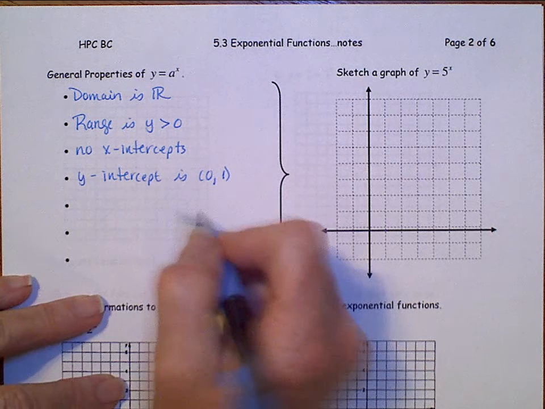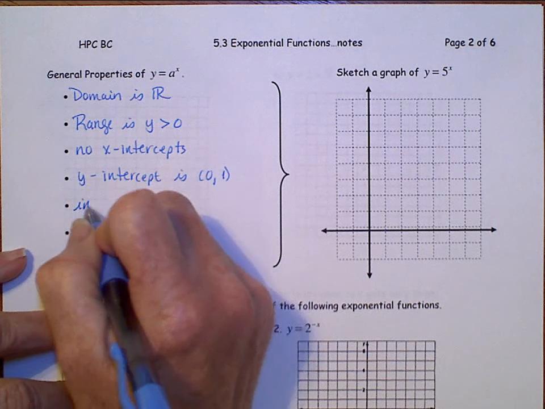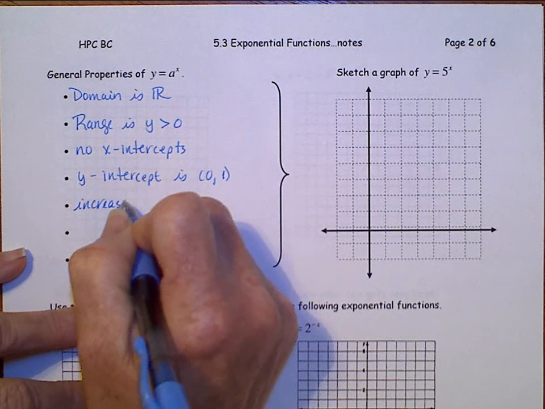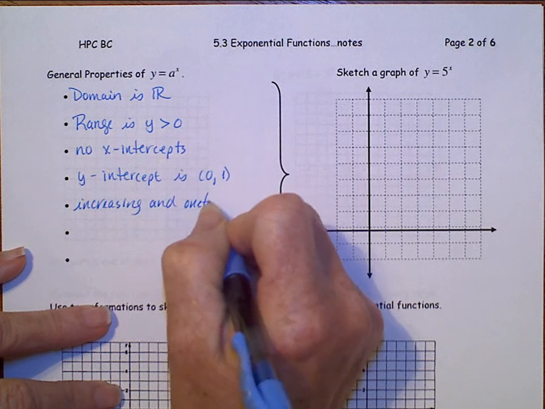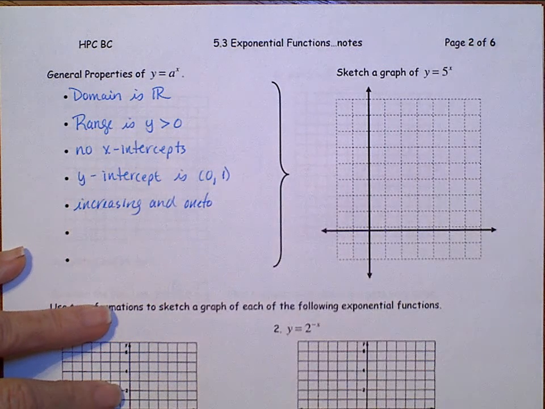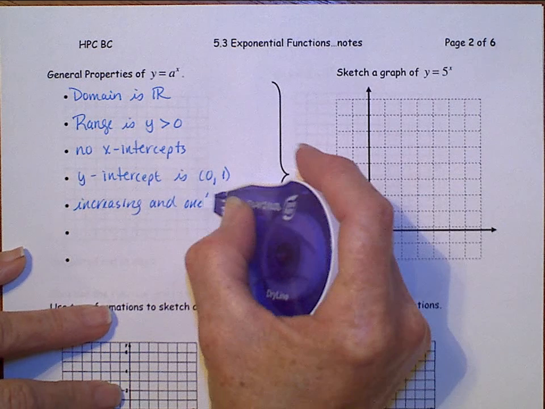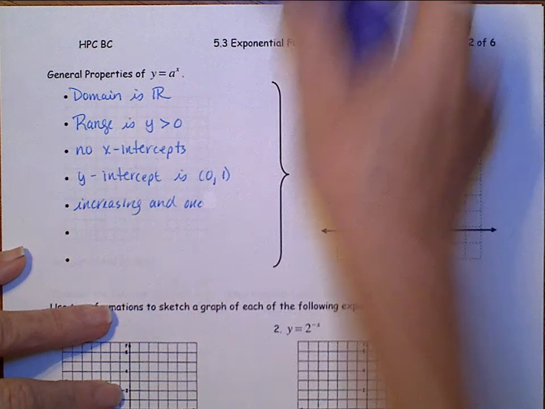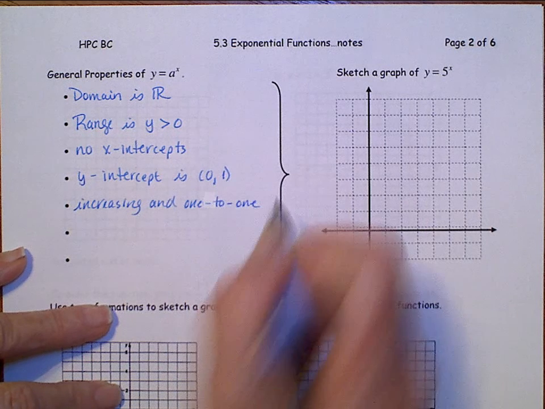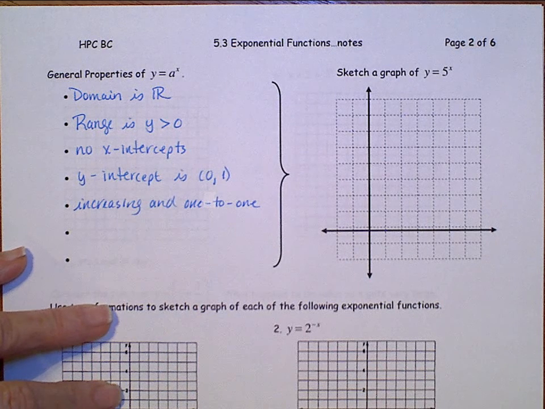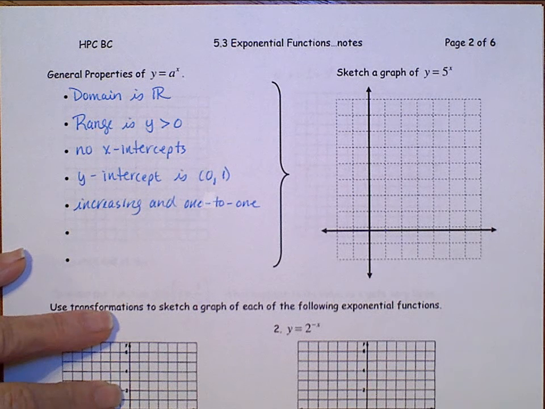This function is increasing, and 1 to 1. Do you remember 1 to 1 has to pass the vertical line test and the horizontal line test?